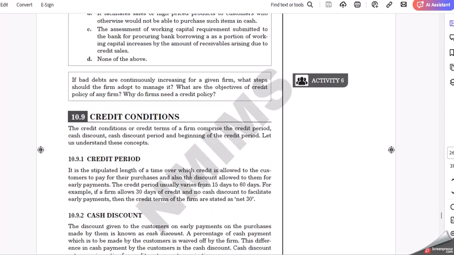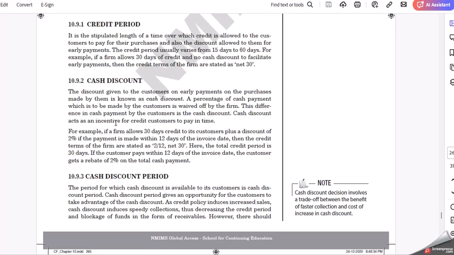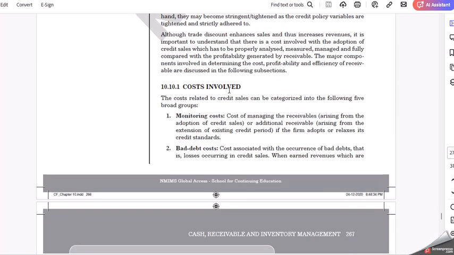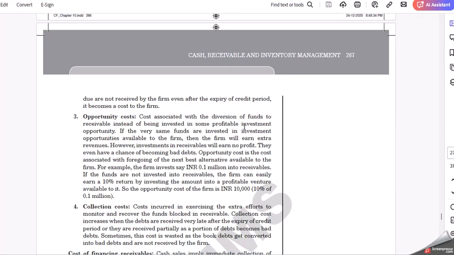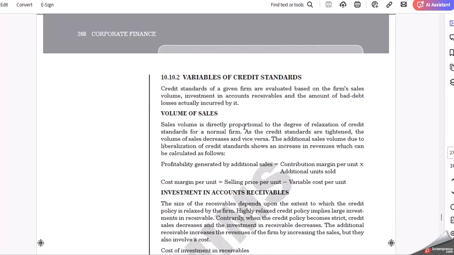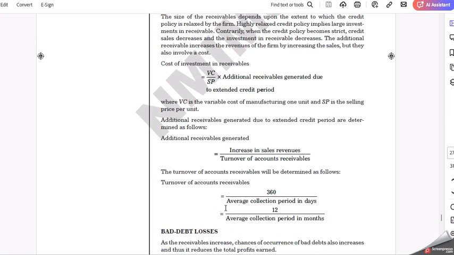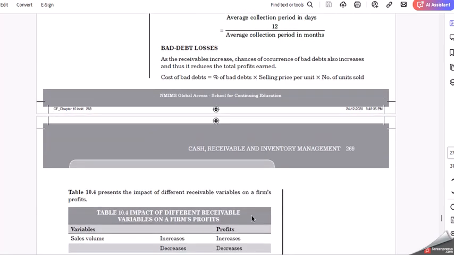I'm just reading out. If you want to understand the problem clearly, you can just read this. Otherwise, you can directly go here, credit stance of a firm. This is where we have the costs involved, monitoring opportunities, and then variable credit stance. And this is where we are getting all the formulas.